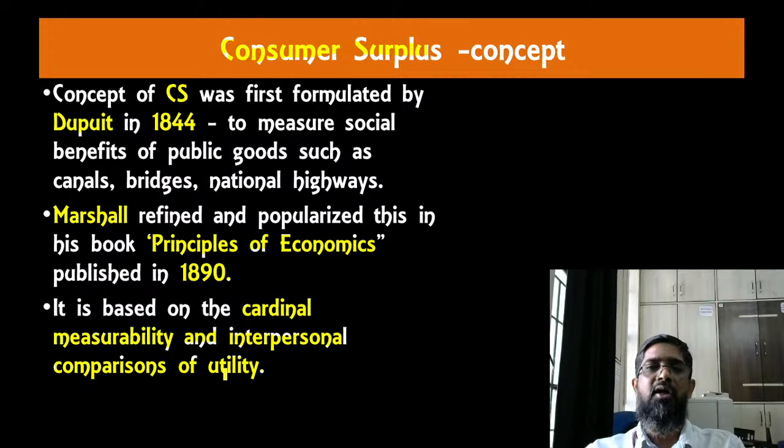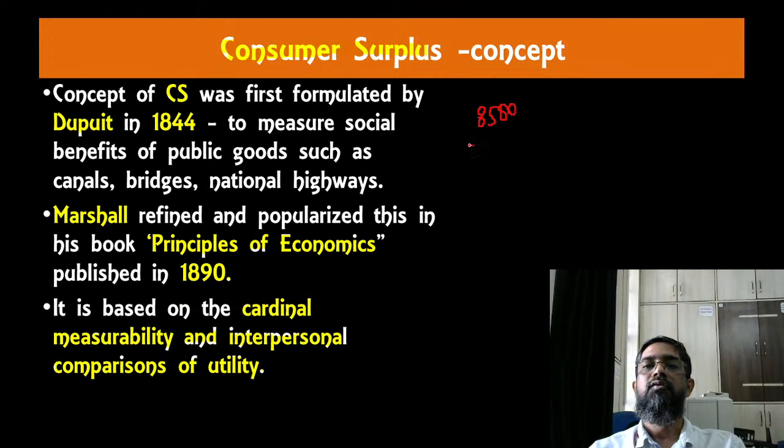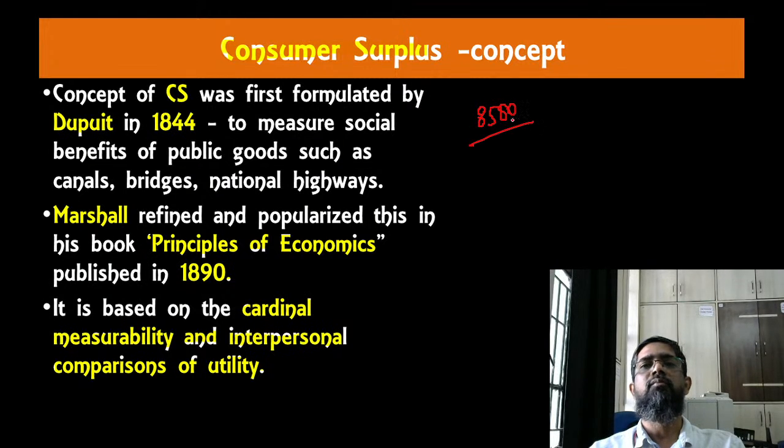You go to that shop and ask the seller how much is the price, right? The seller, say for example, tells you that this mobile phone is available for 8,500, whereas you decided in your mind that you will buy the mobile even if it is available at 9,000 rupees.